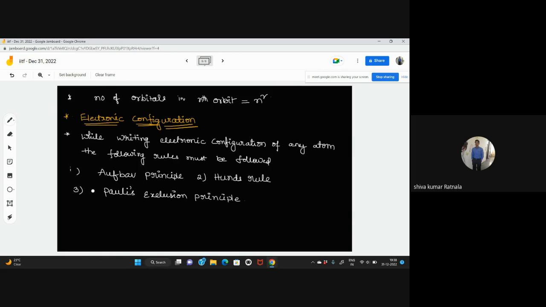So first one, let me discuss the Aufbau principle. Among various atomic orbitals, we have 1s, 2s, 2p, 3s, 3p, 3d, like that.